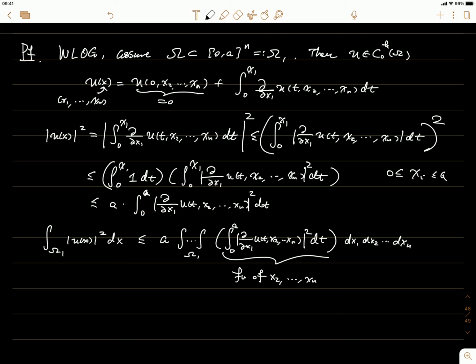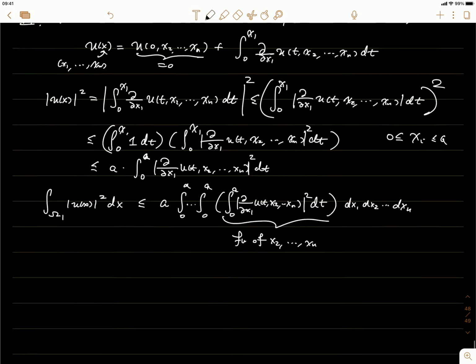And the omega right here is nothing but, actually you take the 0 to a, 0 to a. So since this is a function of x2 through xn only, when you take the integral with respect to x1 first, for this one, it's just a constant. So we just get a out of it.